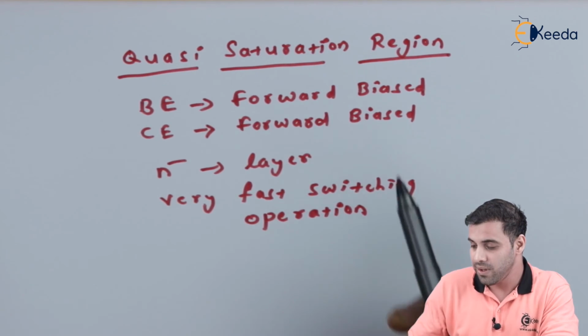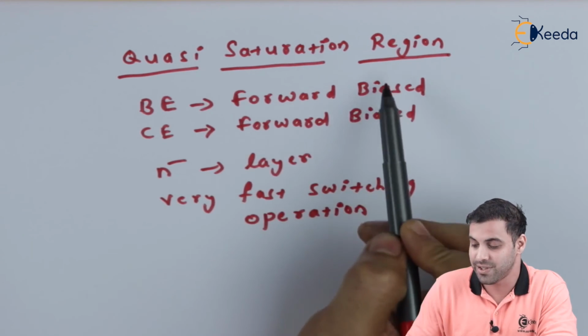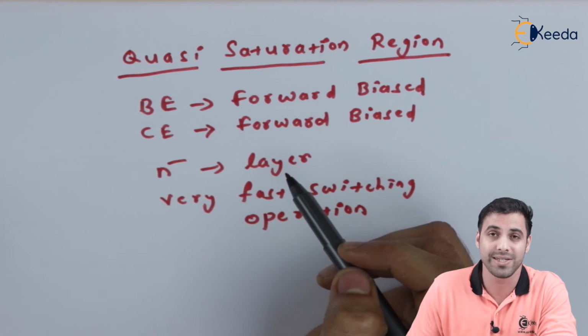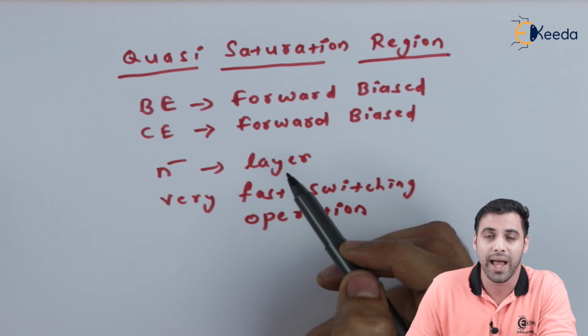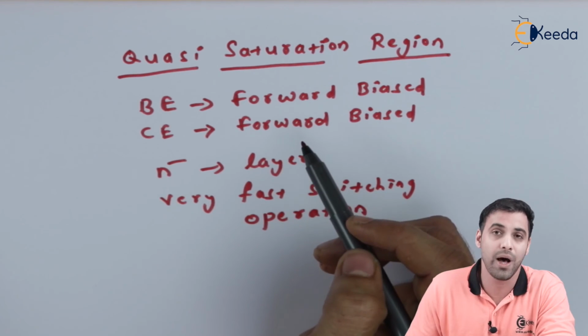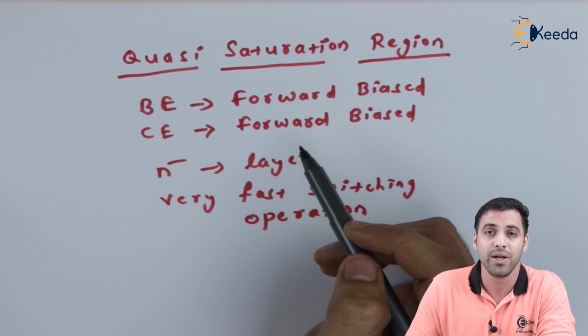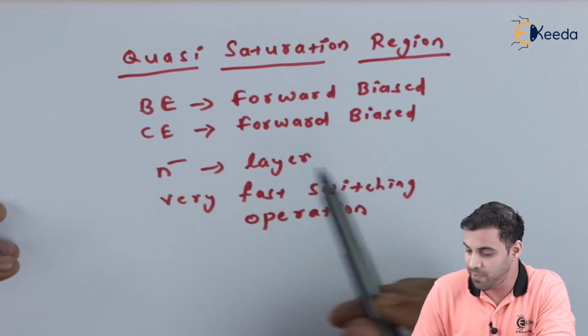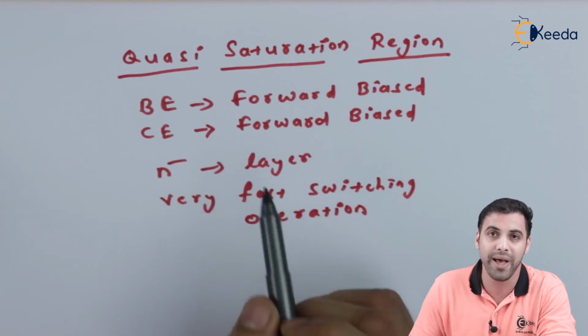Now, the quasi-saturation region is very important because it is like a hard saturation region, and this region allows the flow of electric current through the transistor, switching on the transistor while keeping both junctions, B and C, forward biased.